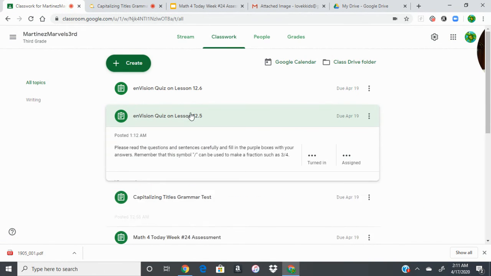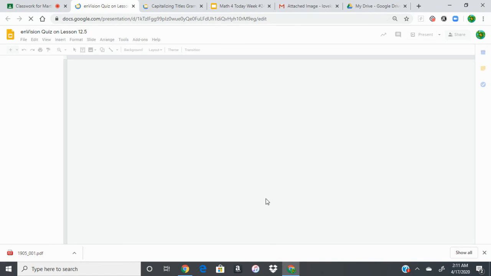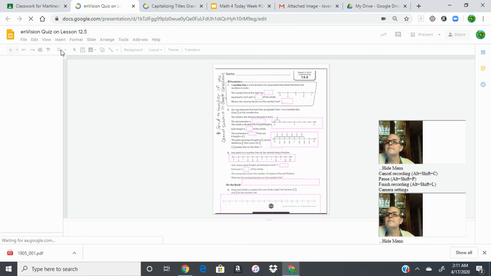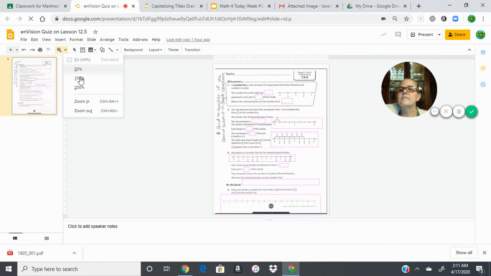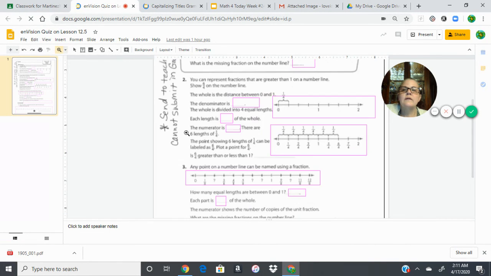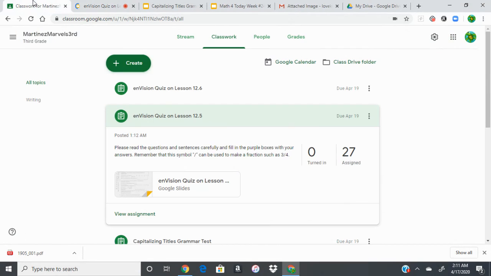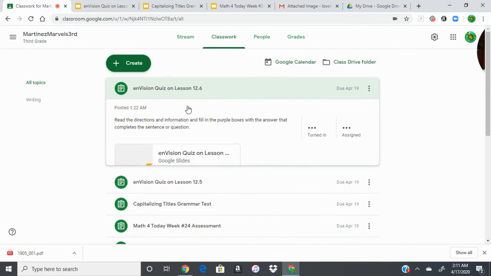We also have our Envision test 12.5. It's a little quiz. And so on this one, you have little pink things. That's where you need to answer. And then the same for the 12.6.